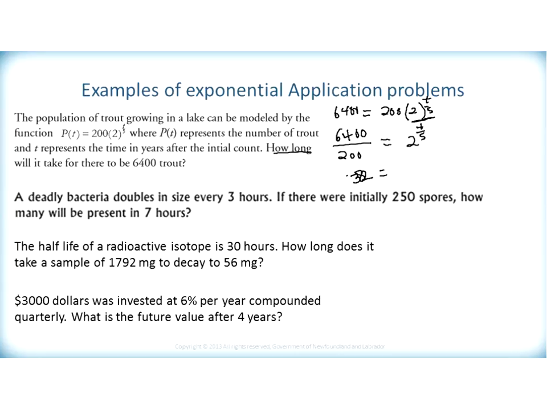Then we wrote 32 as 2 to the power of 5, equal to 2 to the t over 5. And then, of course, we made the exponents equal to each other. 5 equals t over 5, so 25 equals t.